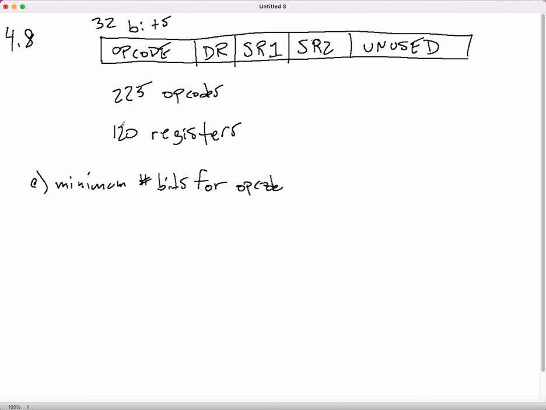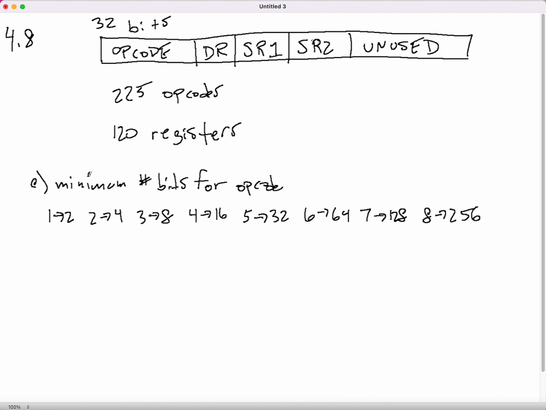Well, again, we're going to do a calculation just like we did before. With 1 bit I could have 2 opcodes, with 2 bits I could have 4, with 3 bits I could have 8, with 4 bits I could have 16, with 5 bits 32, with 6 bits 64, with 7 bits 128, and with 8 bits, I could have 256.